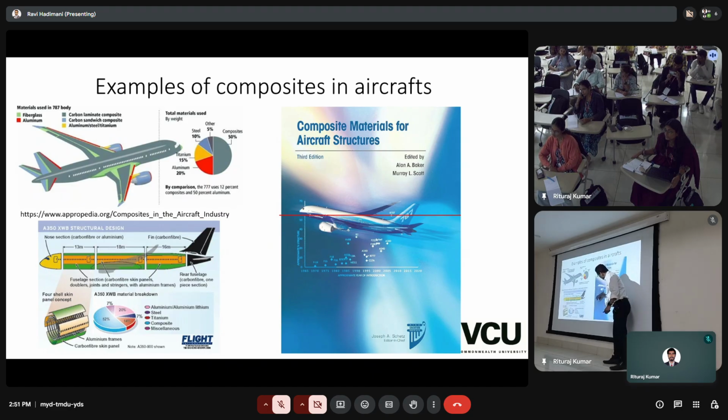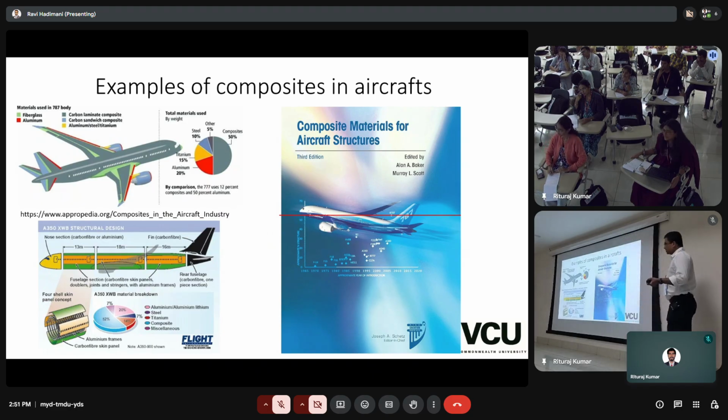And this is the percentage of structure that is composite. I think this book is published around 2005, because it stopped here. There might be many more here. Okay, most of the new aircrafts will fall somewhere here, about 40 to 50% composite.